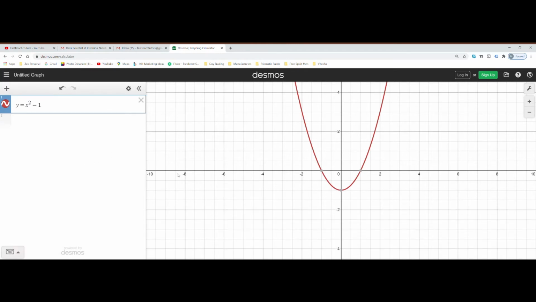So if we look at 2, when we come from the right side towards 2, it's at the y value 3. And if we come from the left side towards 2, we get the value of 3.